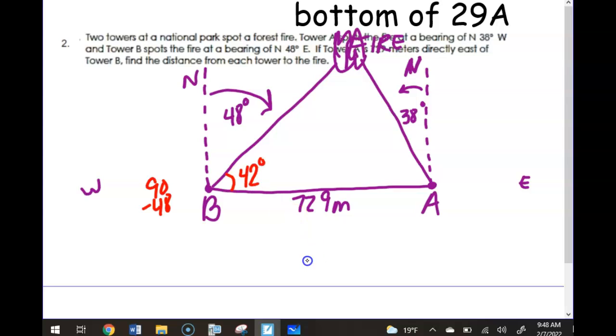How did I do? And then over here, 90 minus 38 inside over here is 52. How did I do there? Can you tell me right now who's closer to the fire? The guy at Tower A or the guy at Tower B?